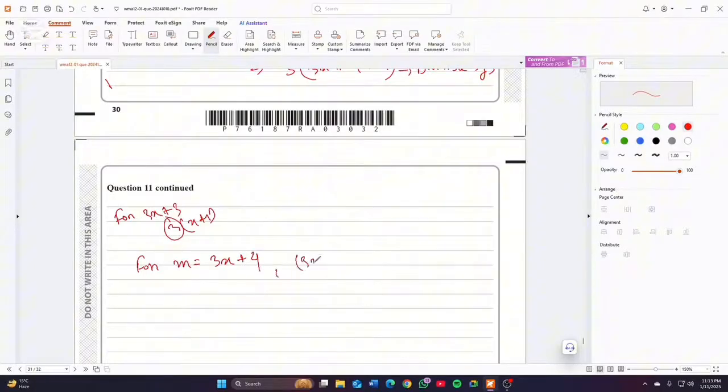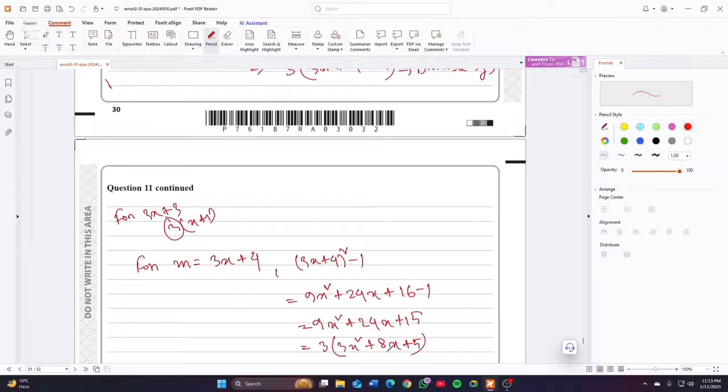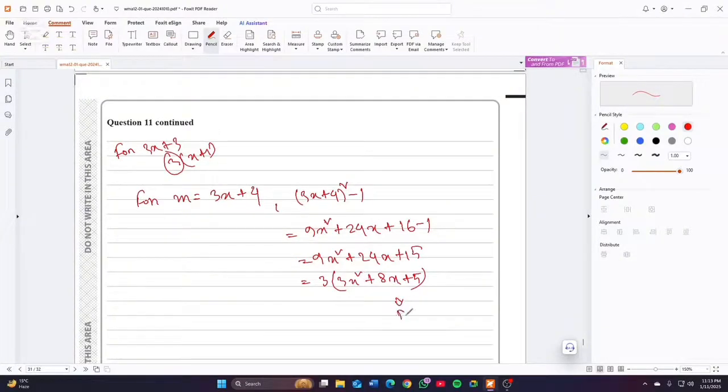For this, 3x plus 4 whole squared minus 1 is equal to 9x squared plus 24x plus 16 minus 1, which equals 9x squared plus 24x plus 15. Again, this entire polynomial has a common factor of 3. So 3 common gives 3 times 3x squared plus 8x plus 5, and again this is divisible by 3. Therefore, this holds true again.